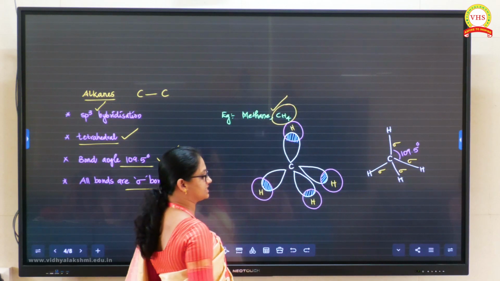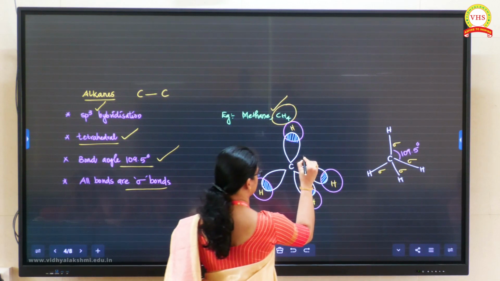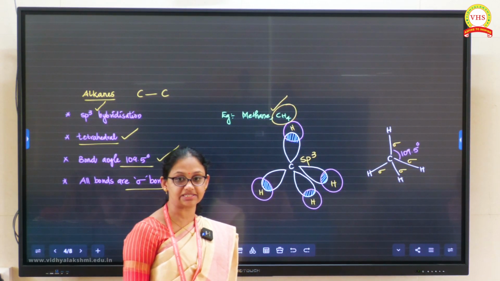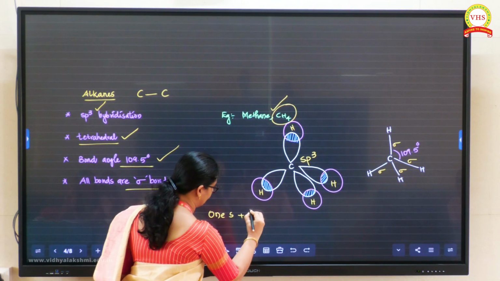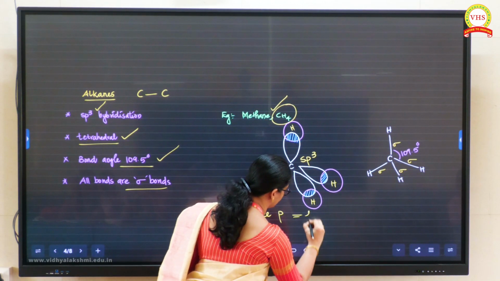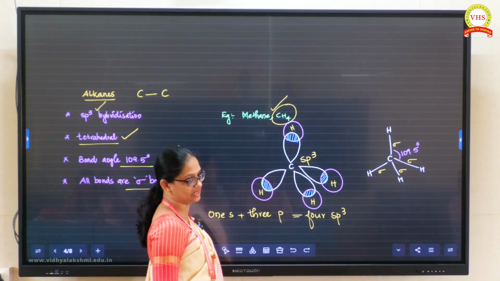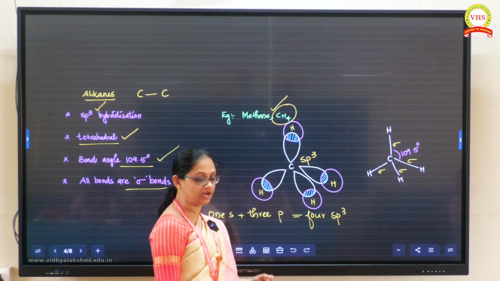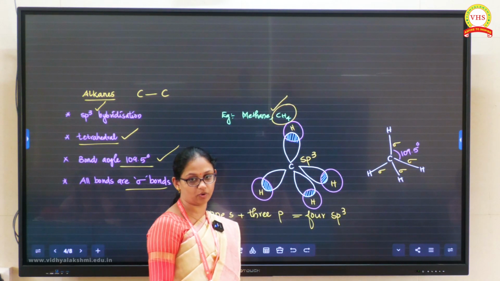The methane formula is CH4. Carbon's hybridization is sp3. How are sp3 hybrid orbitals formed? One s orbital and 3 p orbitals hybridize together to form 4 sp3 hybrid orbitals.